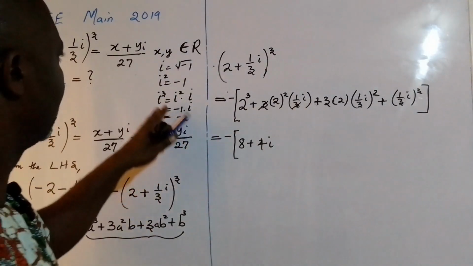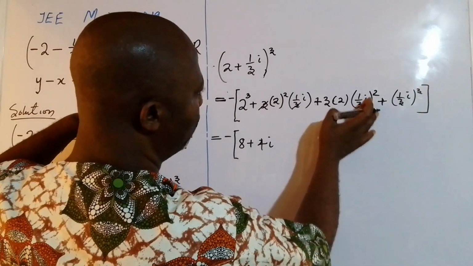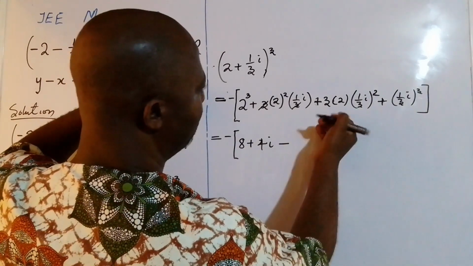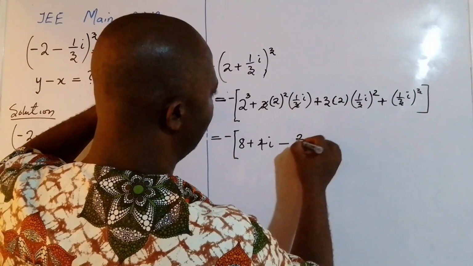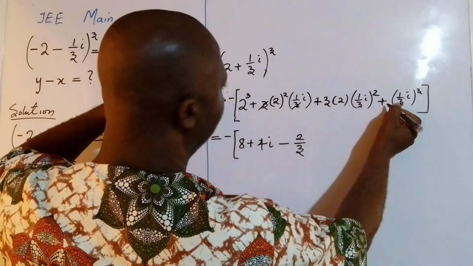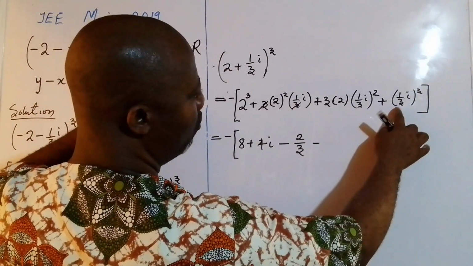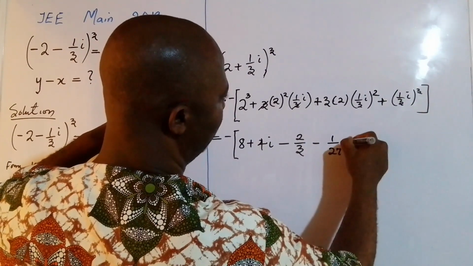Alright, so that said, let's quickly simplify this. i squared will be minus 1, so it means this will be minus, and then of course we have 3, so it's going to be 2 over 3 here, and here also is going to be minus because we have a cubed here, so 1/3 cubed will be 1 over 27, then you have your i.